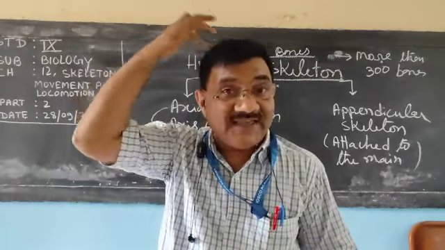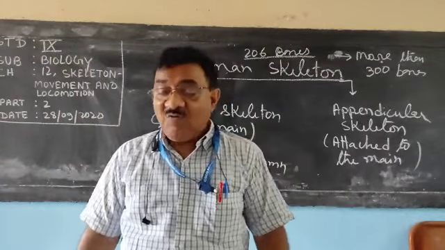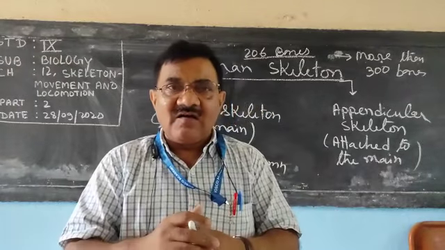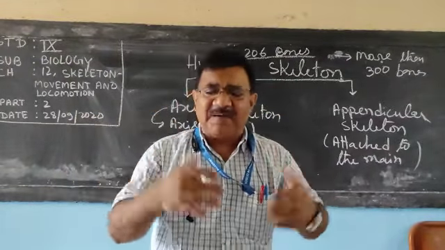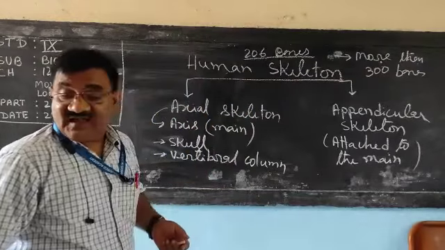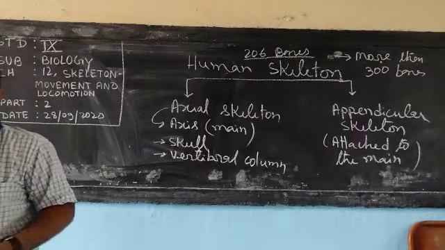The skull, khopdi: how many bones are there, and what is the function of those bones? This skull consists of 8 bones.